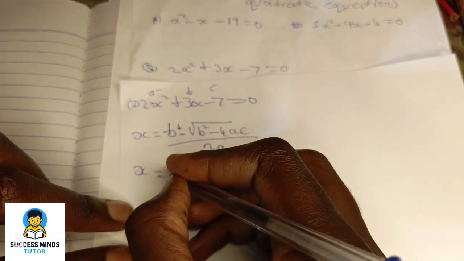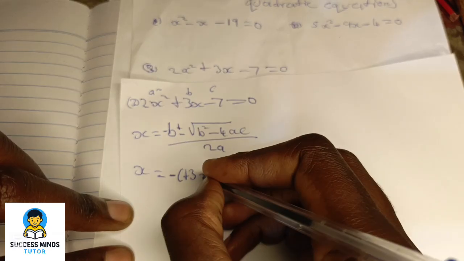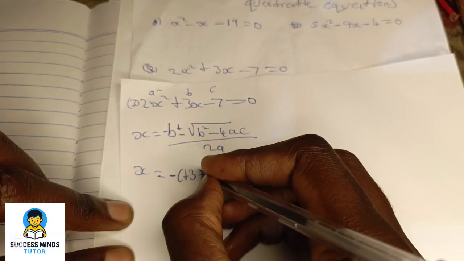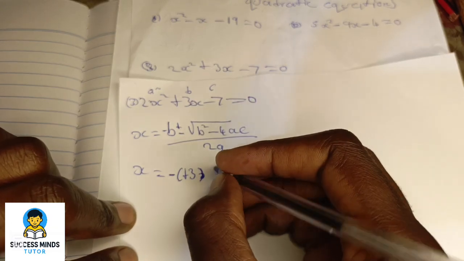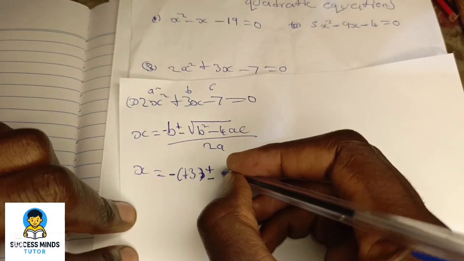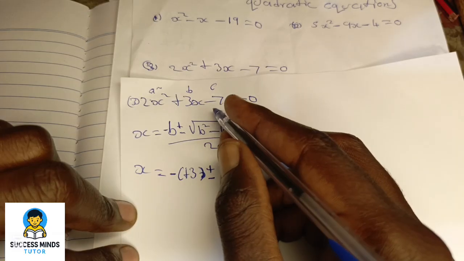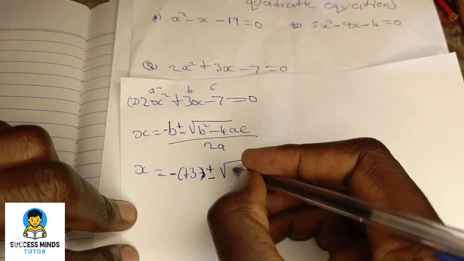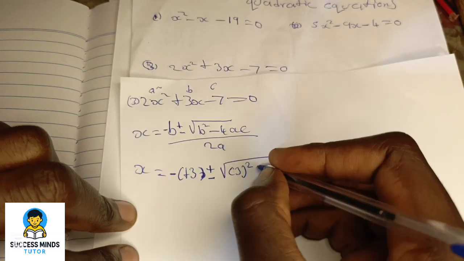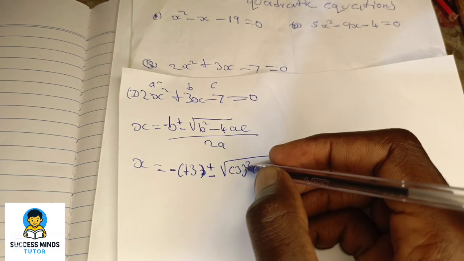Your B is positive, so you're going to say negative, open bracket, you have positive 3, then you close bracket, then you say positive and over negative, then you square root from here, then you put your B again, 3 to the power 2, meaning you're multiplying 3 2 times.